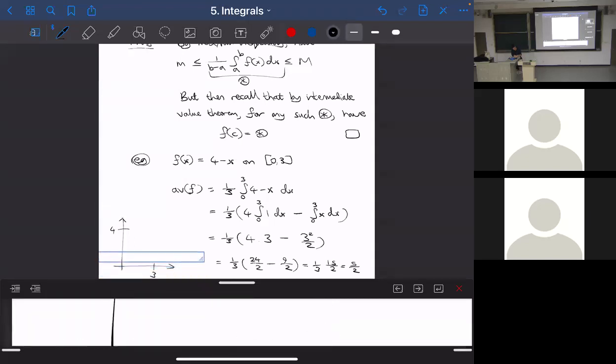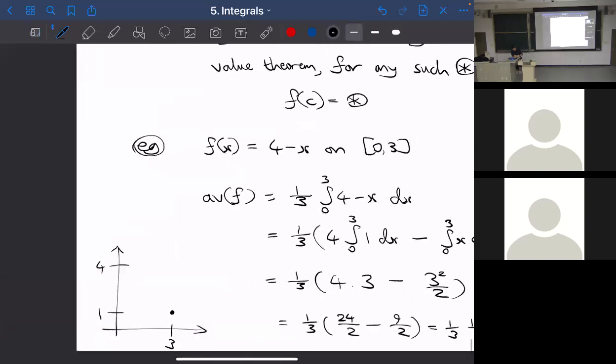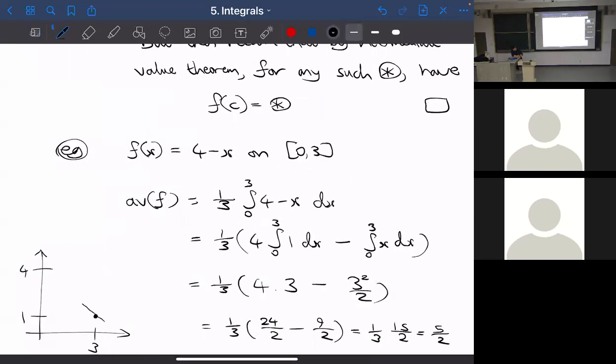And the value at 3 is going to be 1. So we have this point here. So this is my graph.